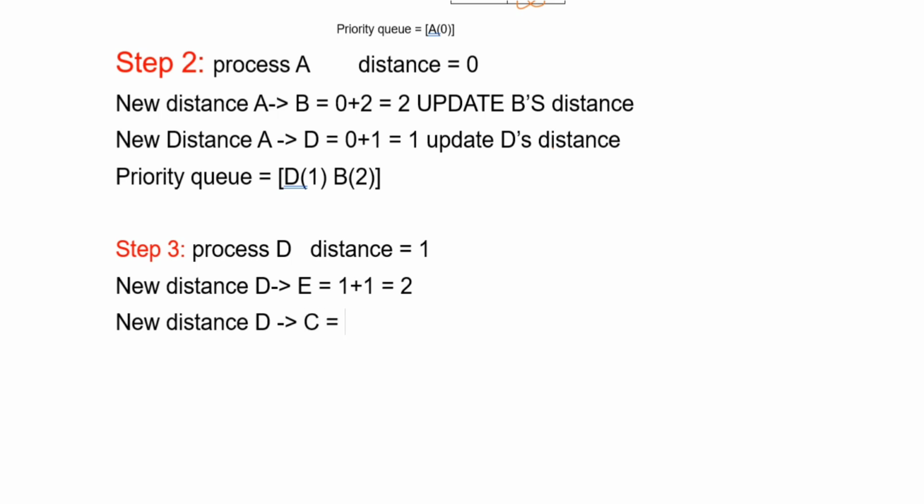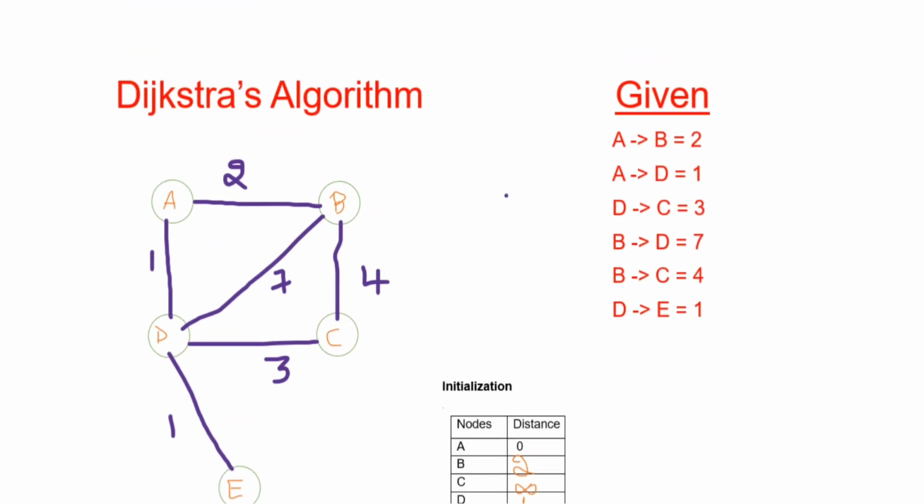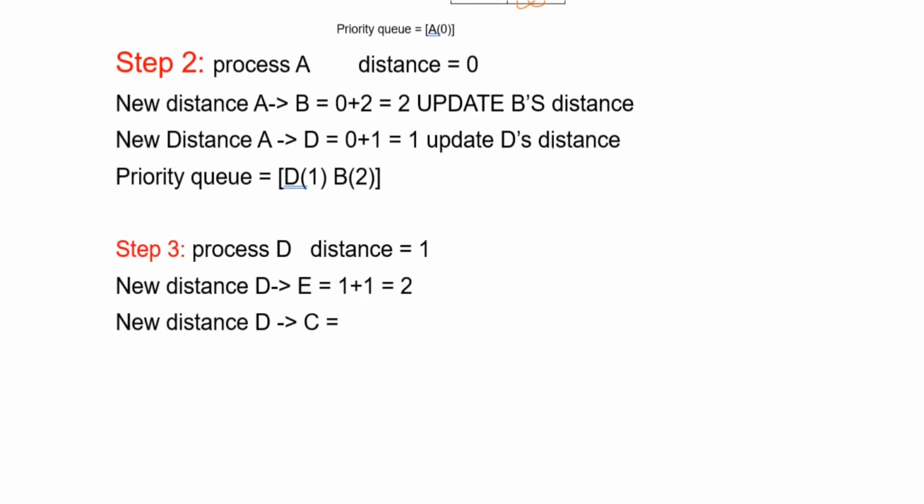So update C's distance: in place of infinity, we write 4.